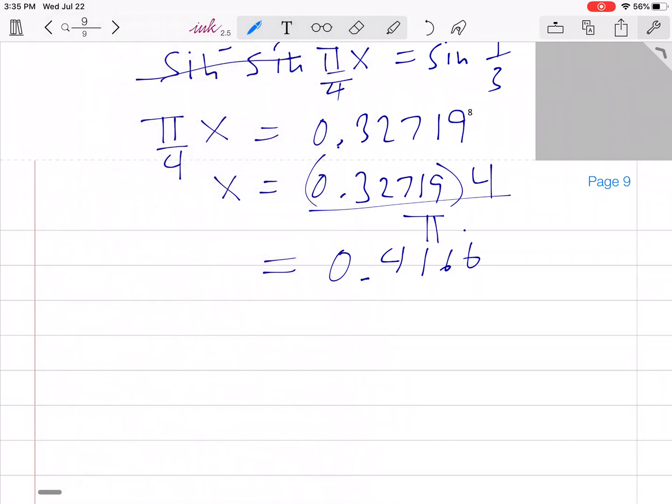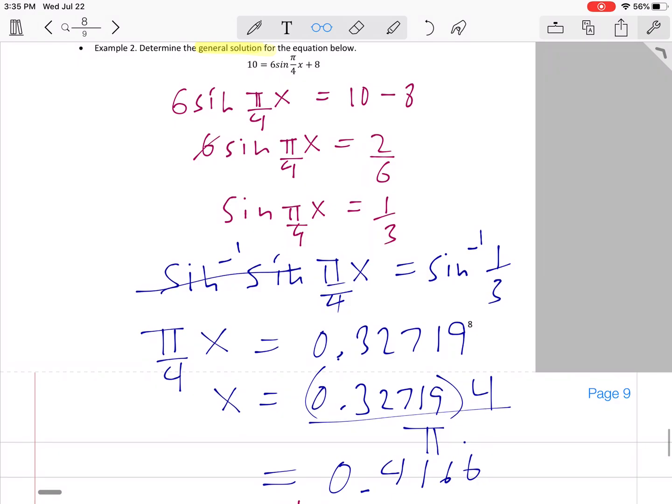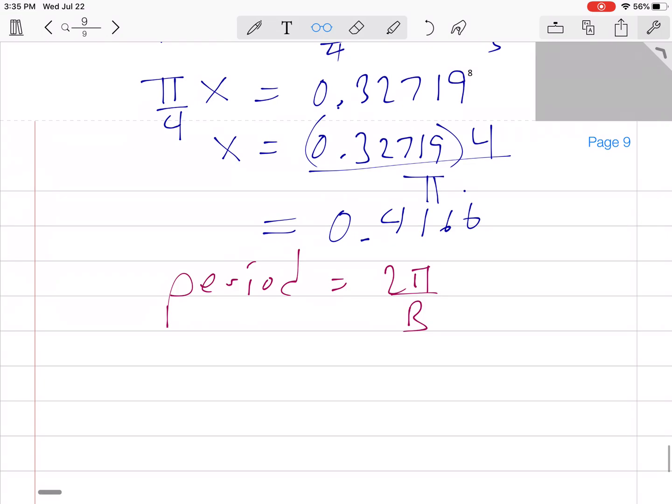Remember, the period, from the previous unit when we talked about the transformations, is equal to 2 pi divided by b. If you go back and look at the equation here, the b term is going to be pi over 4. So we've got 2 pi divided by pi over 4, which is going to equal 8.